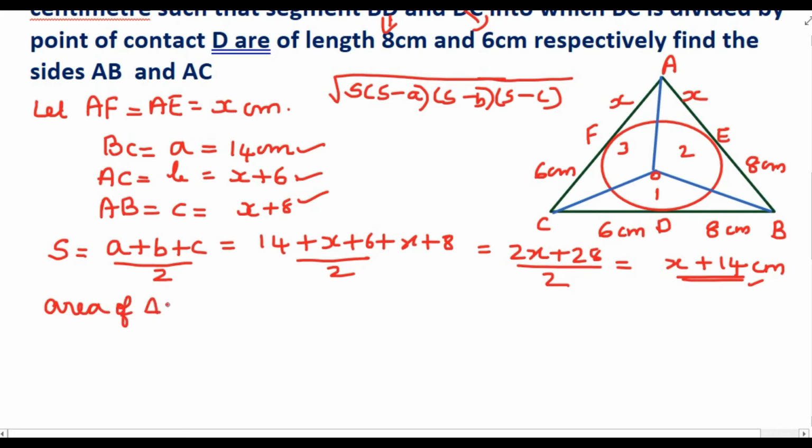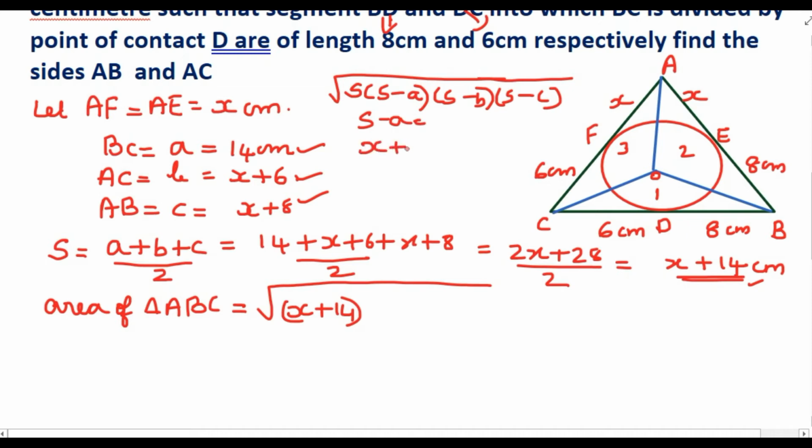So area of triangle ABC is equal to root of s into s minus a into s minus b into s minus c. s is nothing but x plus 14, and a is 14, so s minus a is x plus 14 minus 14, that is x.